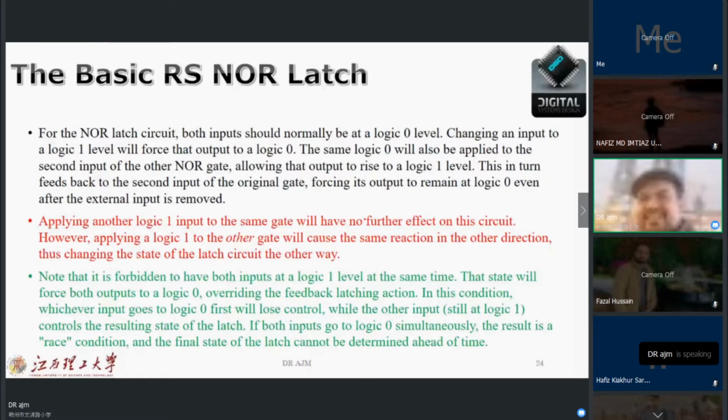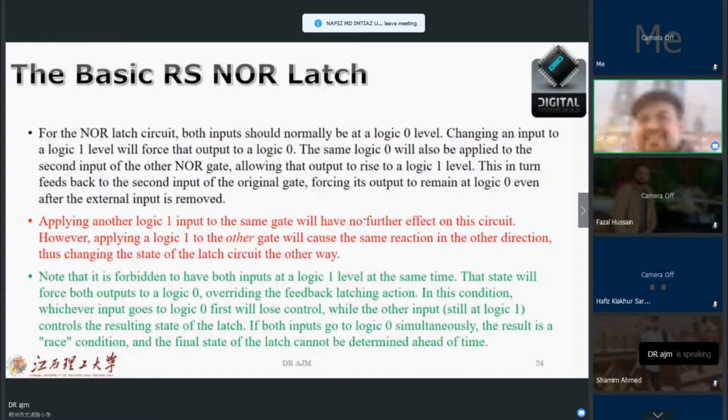This in turn feeds back to the second input of the original gate, forcing its output to remain at logic 0 even after the external input is removed. Applying another logic 1 input to the same gate will have no further effect on the circuit. However, applying logic 1 to the other gate will cause the same reaction in the other direction, thus changing the state of the latch circuit the other way.